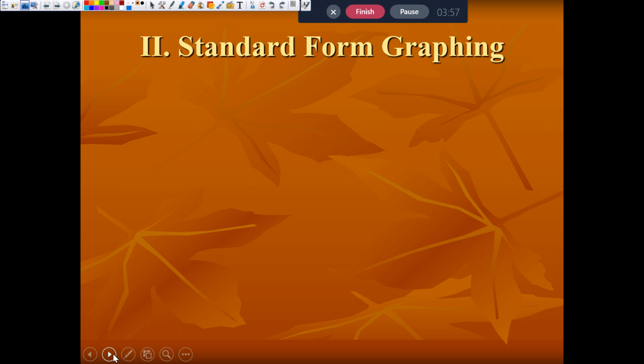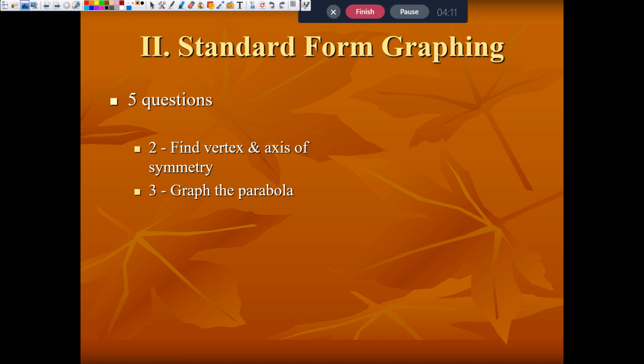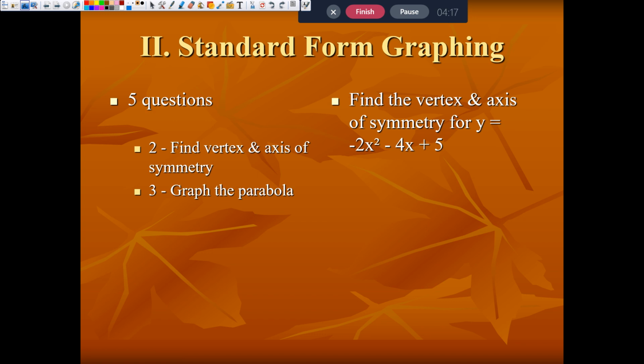there will be 5 questions about standard form graphing, okay, and we have notes about standard form graphing. So 2 in which you're finding the vertex and axis of symmetry, 3 where you will be graphing the parabola. So for example, this one's asking us to find the axis of symmetry for y equals negative 2x squared minus 4x plus 5.